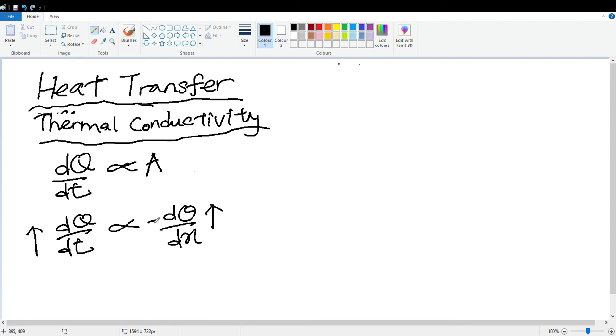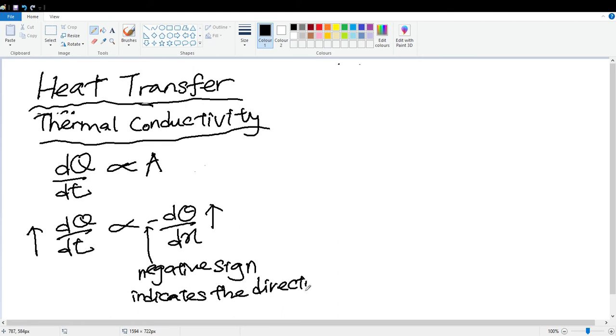This is because heat flows from the hotter region to the colder region, and this negative sign indicates the direction of heat flow in decreasing temperature.